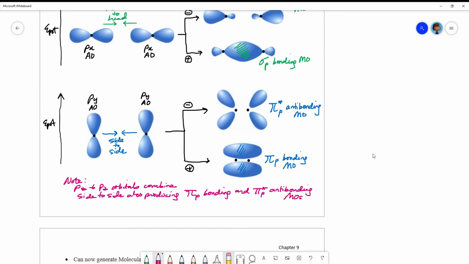So now that we've seen the molecular orbitals and what they look like, we're sort of going to forget about what they look like now. When we wrote electron configurations and orbital diagrams back in chapter 7 for atoms, we didn't show the shapes of each of the orbitals. We just used little lines or boxes to represent the orbitals. Well, we're going to do the same thing for molecular orbitals.